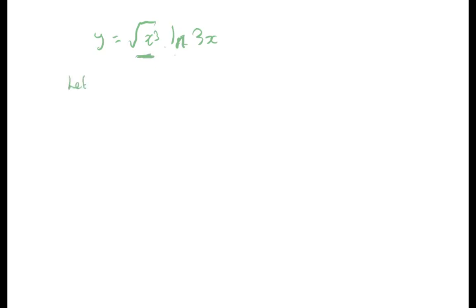So we're going to let u equal root x cubed, but we've got to write it as a fractional power. Do you remember doing that? x to the 3 over 2.